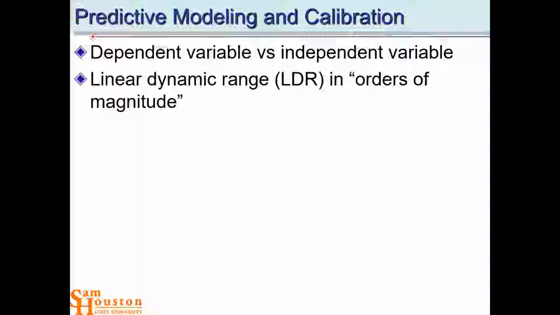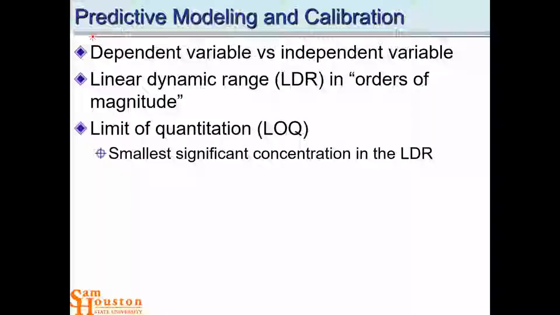And that's great, because that's going to cover a large range of concentrations. If your signal varies that much, your concentrations are going to be varying quite a bit as well. What this allows you to do is to analyze samples that are very concentrated and samples that are not very concentrated, and to do that in a linear fit. So this linear dynamic range is a measurement of your instrument's ability to measure ranges of concentrations.